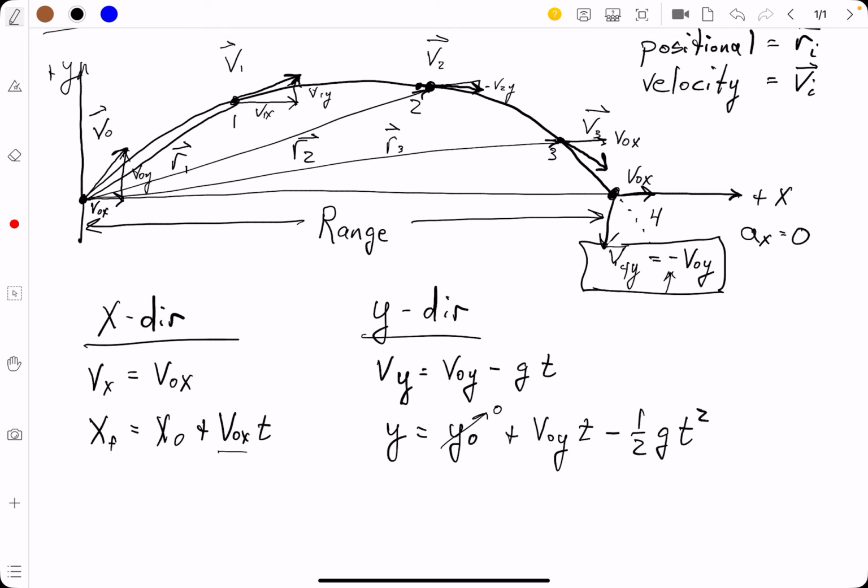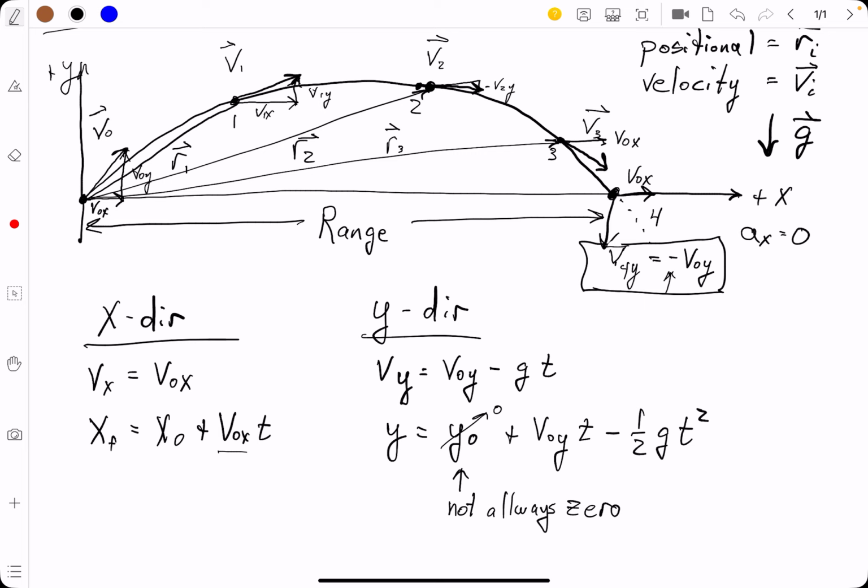The minus sign comes from the fact that g points down. This is not always 0. It happens to be 0 in our case, but sometimes it's going to start with a certain height. Okay, so it may start with some height and it's not always 0.